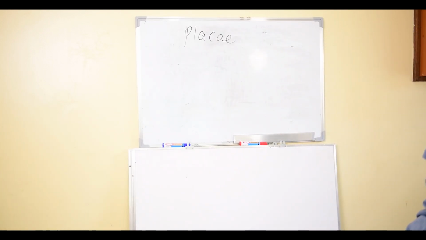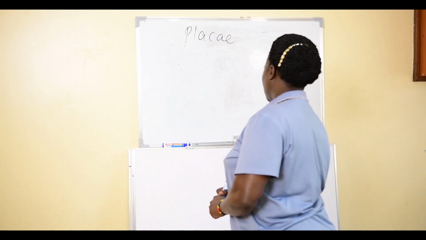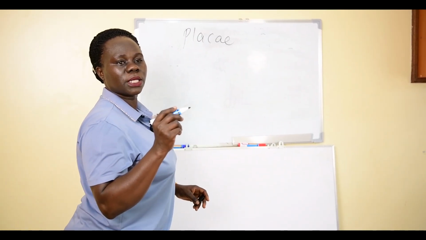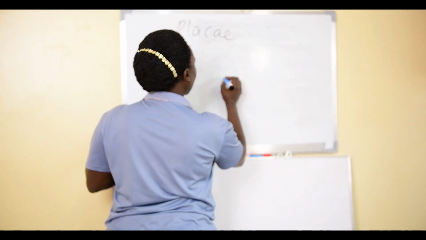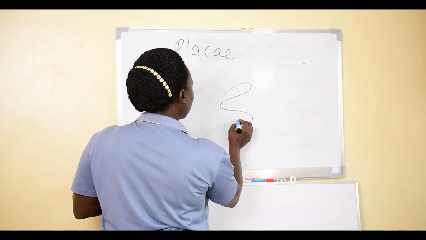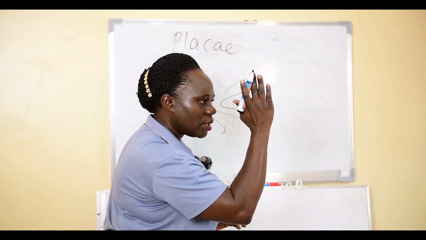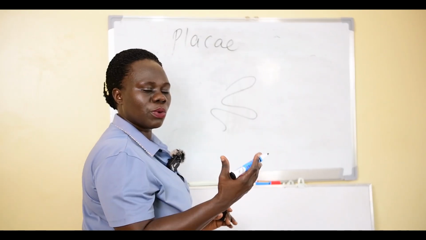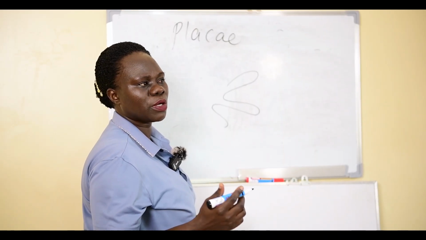So if we are to draw a diagram of the microscopic structure of the tubes, this is how we draw the diagram. My learners, we can draw ciliated epithelium. In case a uterine tube is cut through, what are you able to see with a microscope?